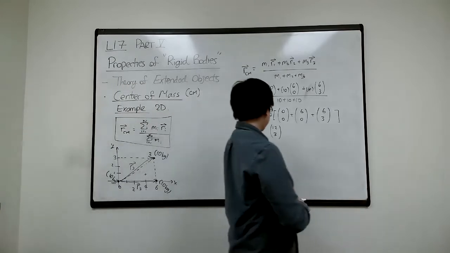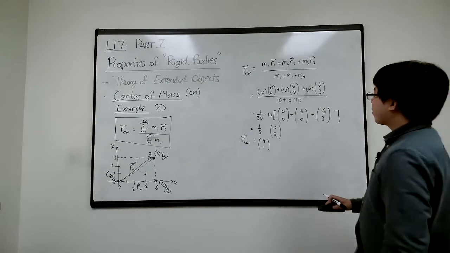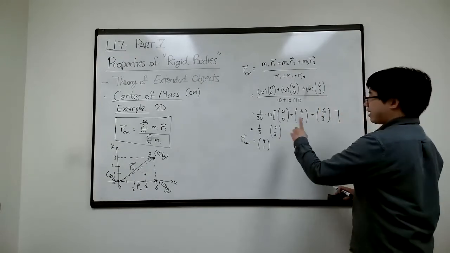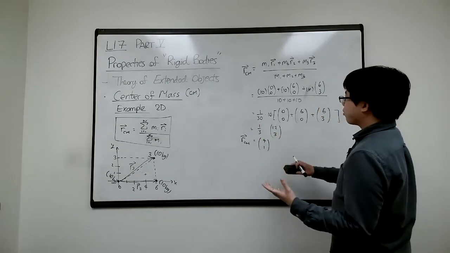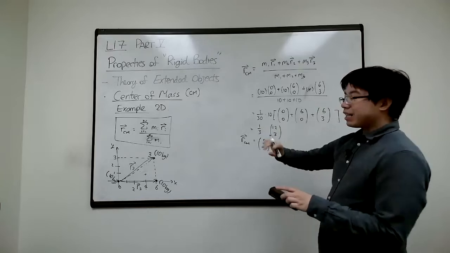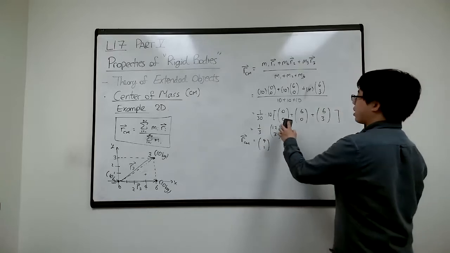And another way you can see this, sometimes if you look at the textbook, you see it split into the X and Y components. You can do that as well.